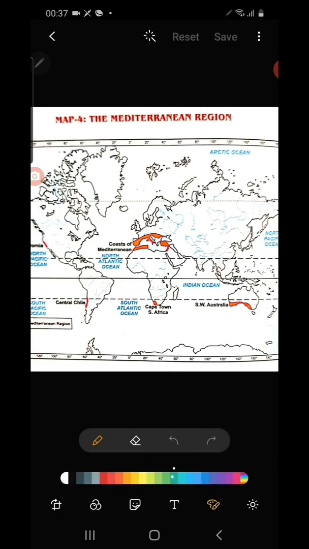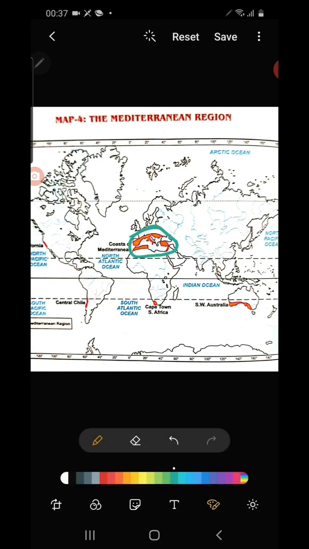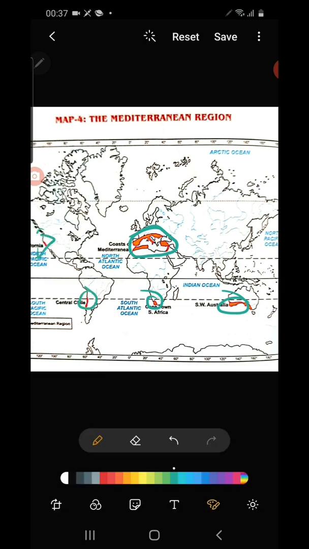Mediterranean region here means what? This is the Mediterranean Sea region. A typical climatic condition is found in this Mediterranean region. The similar climatic condition is found in Australia also, this part of Africa also, here also, here also. All these regions, their climatic condition is known by the name of Mediterranean region.